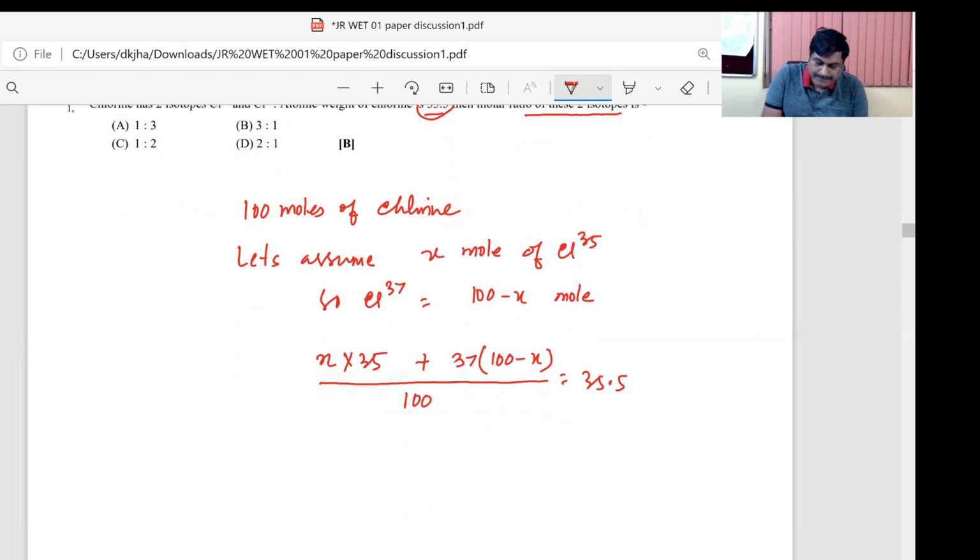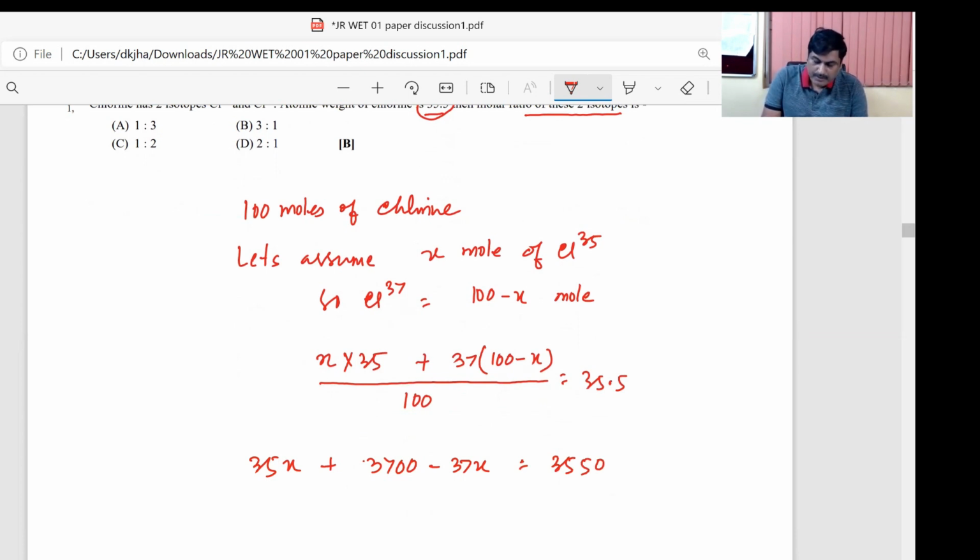We will write here 35x plus 3700 minus 37x is equal to 3550, 100 multiplied, right?